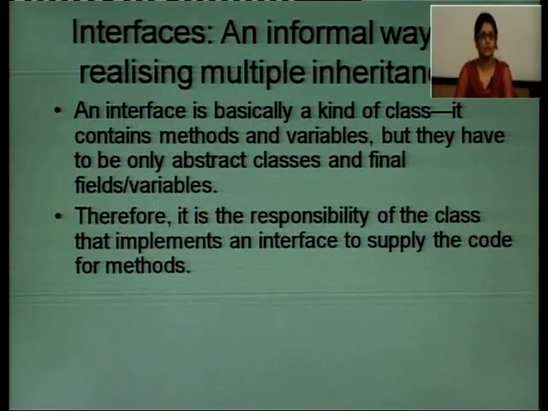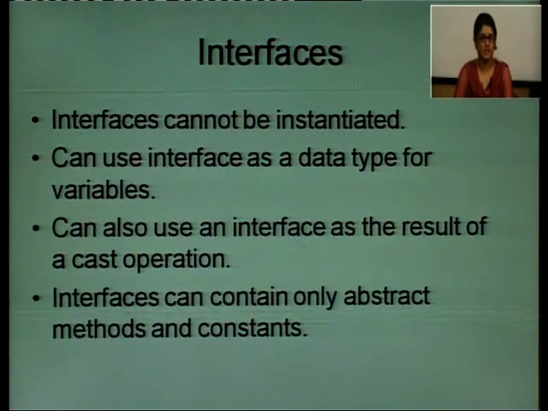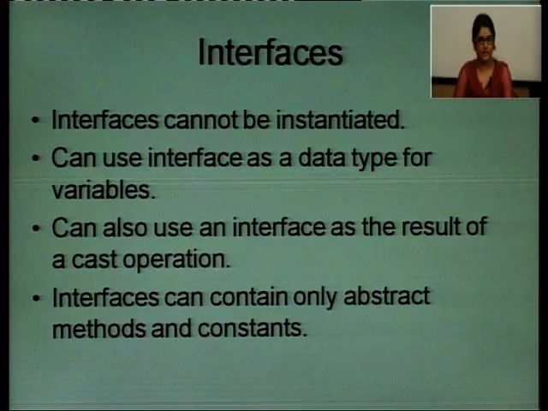There are a few things we must know while implementing interfaces in our classes. Interfaces cannot be instantiated. That means you cannot make objects of interfaces; they will only be implemented in classes. You can use an interface as a data type for variables.